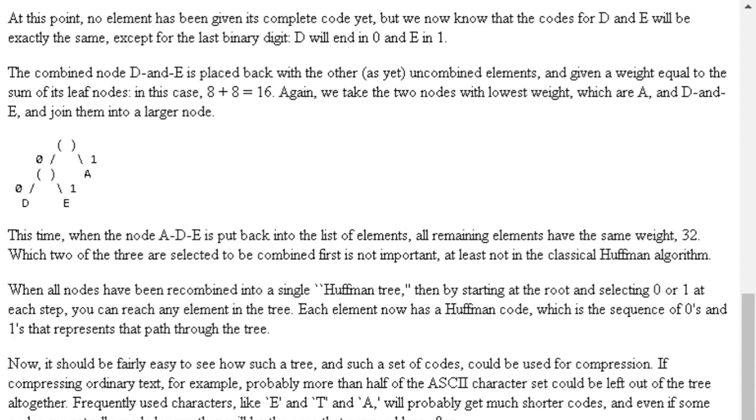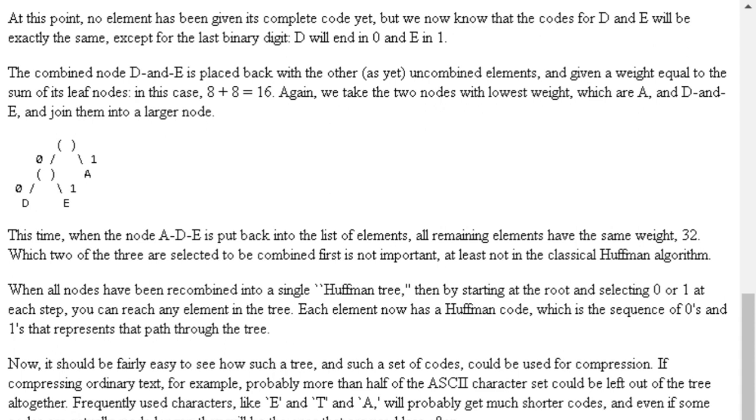So right now we know that the ending binary for D is 0, 0, and the ending binary for E is 0, 1, but we don't know what binary could possibly come before that. At this time, when the node A-D-E is put back into the list of elements, all remaining elements have the same weight, 32.